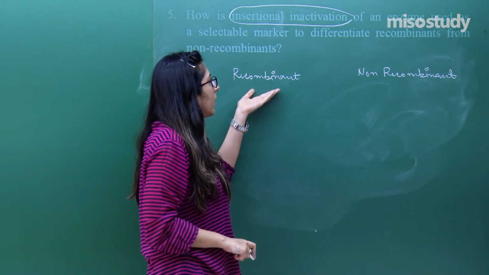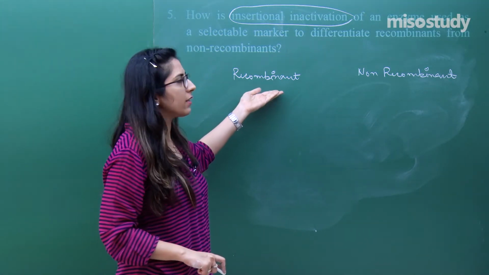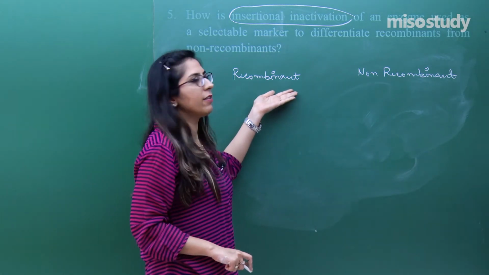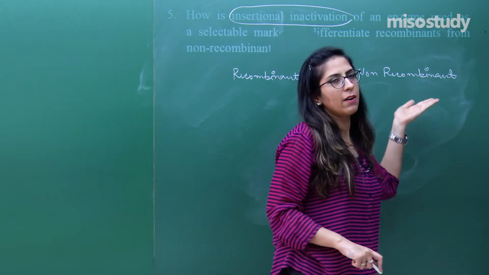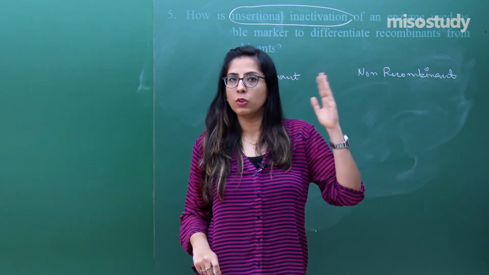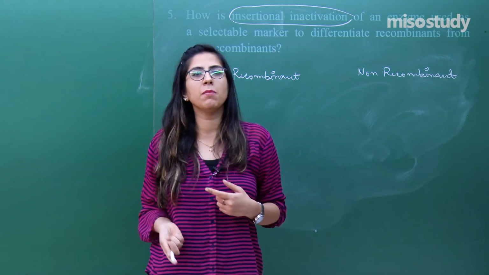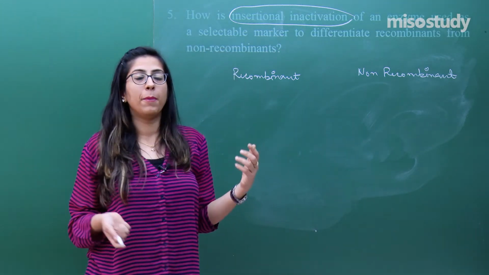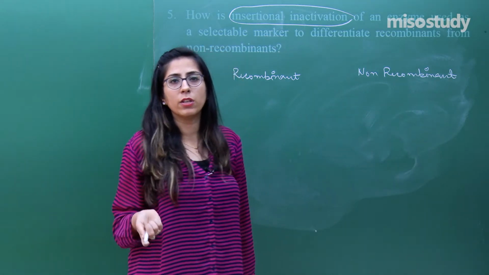Now, there are two types of cells. One which is having our DNA of interest, which is added with the help of genetic engineering. One which does not have a gene of interest, though the same type of experiment happened on these cells also, but because of a certain reason, they do not have that DNA or gene of interest.